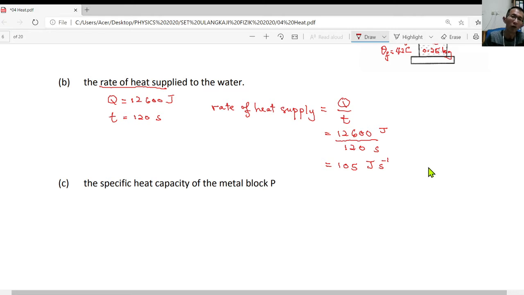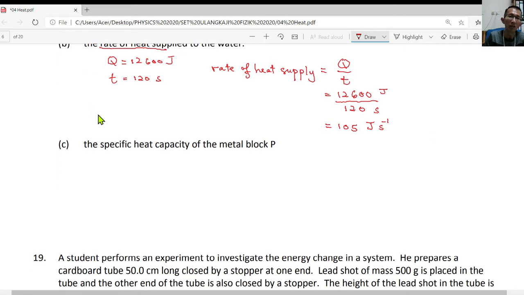Now we go to part C, the specific heat capacity of the metal block P. I want to know the value of this c. What do I know about this? I know that the Q, the heat from the block, is transferred and received by the water, so Q of water and Q of block must be the same.